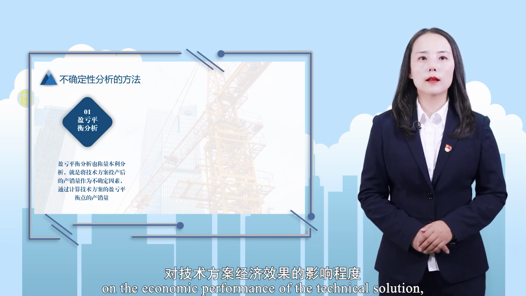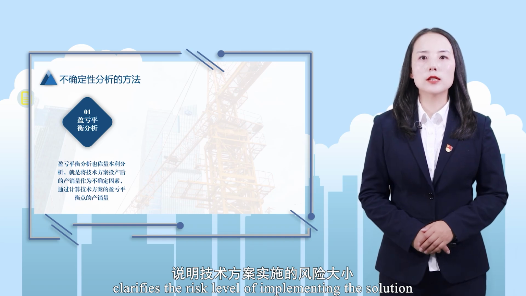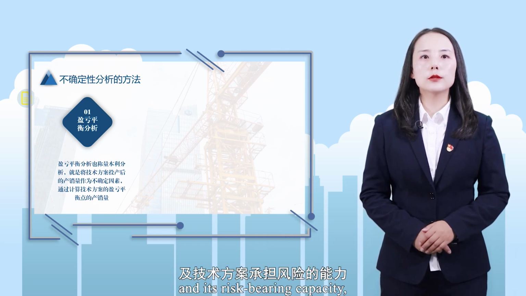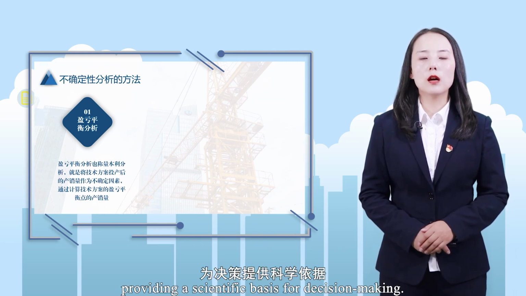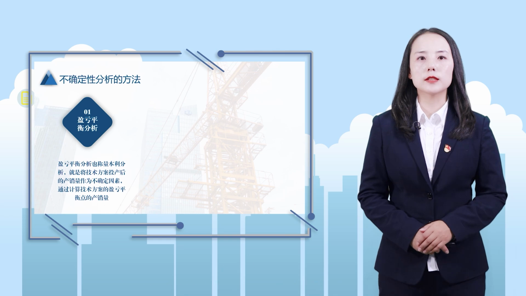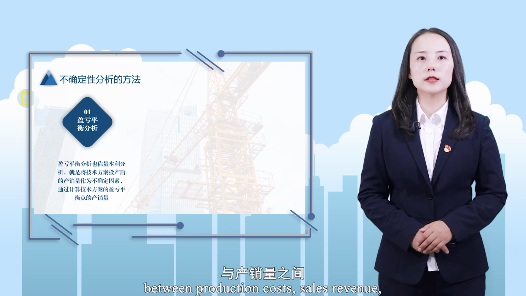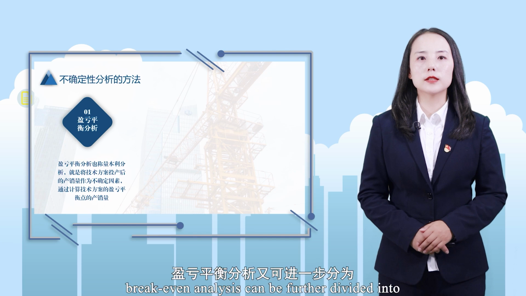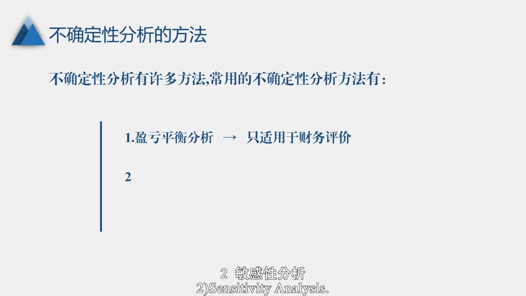on the economic performance of the technical solution, clarifies the risk level of implementing the solution, and its risk-bearing capacity, providing a scientific basis for decision-making. Depending on whether there is a linear relationship between production costs, sales revenue, and production and sales volume, break-even analysis can be further divided into linear and non-linear break-even analysis. 2.